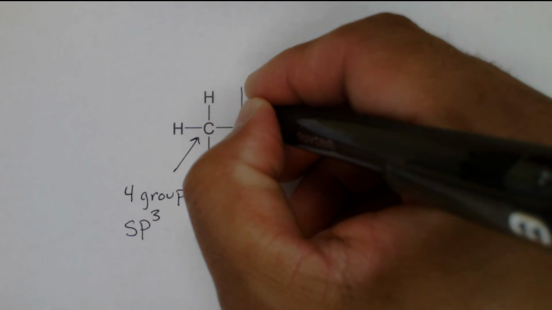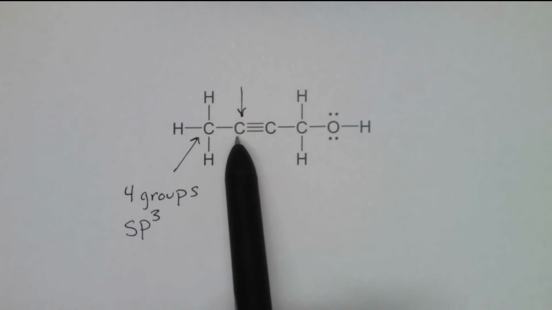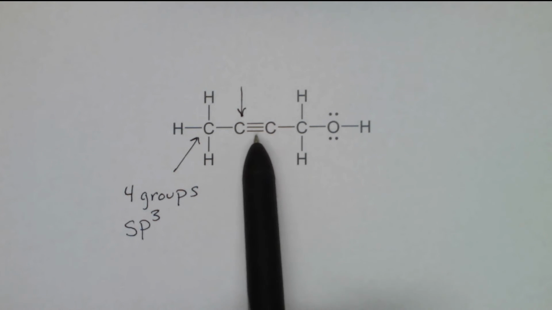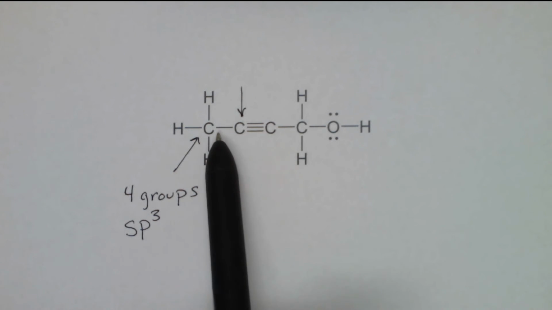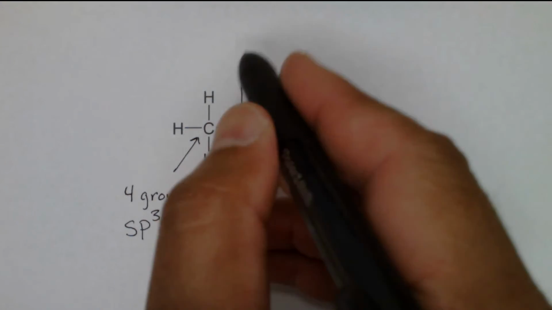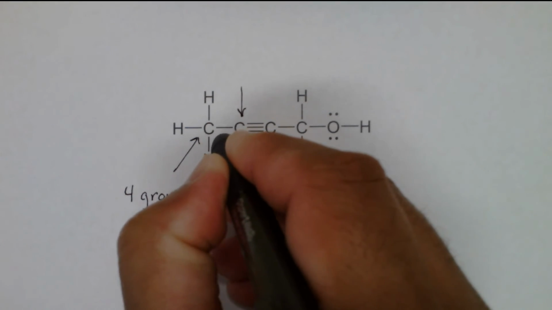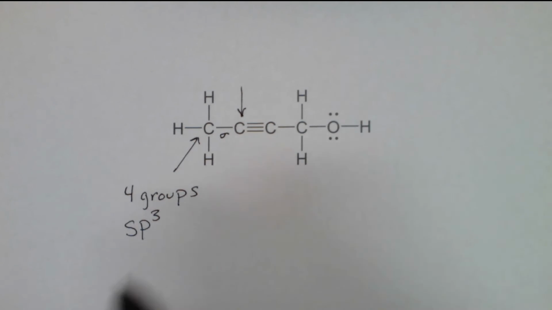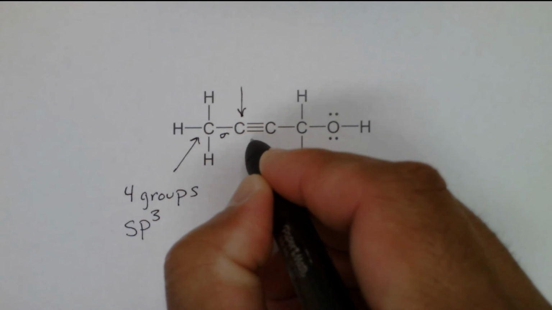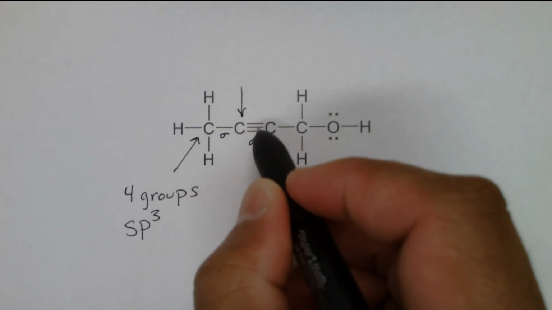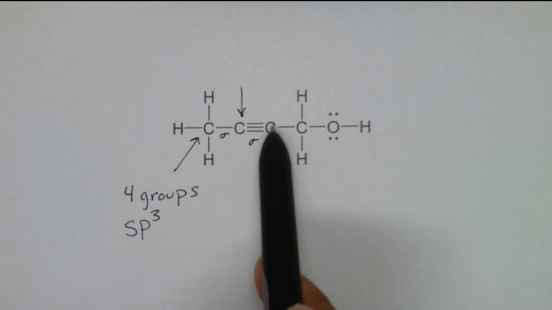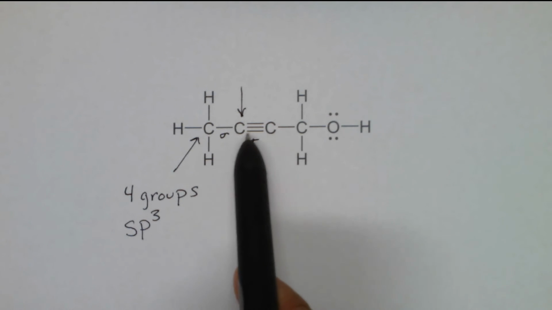Let's go to this carbon next. This carbon is participating in a triple bond, and then there's a single bond here. So let's count these bonds. Here's a sigma bond. And in the triple bond, as we talked about, one will always be a sigma bond. And there's 2 extra bonds. So remember, these groups, these atoms, are always bonded by at least one sigma bond.